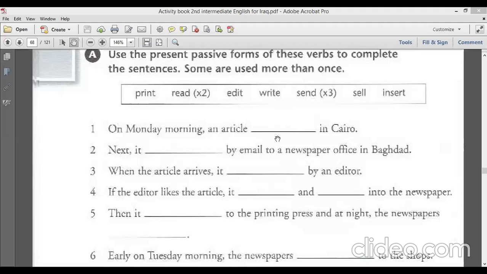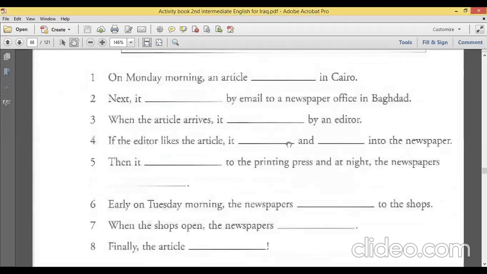So number 5. Then it is sent to the printing press. And at night, the newspapers are printed. Number 6. Early on Tuesday morning, the newspapers are what? Are sent to the shops. When the shops open, the newspapers are sold. Yes. And number 8, finally, the article is read.